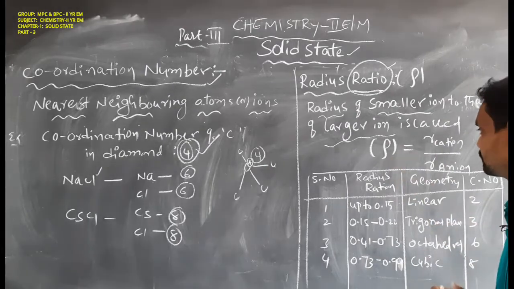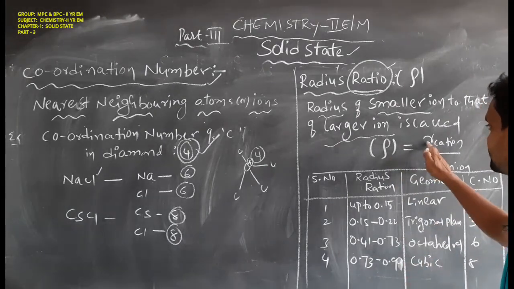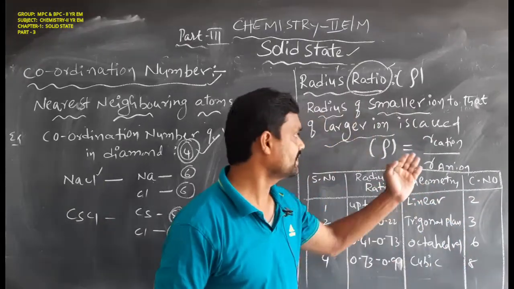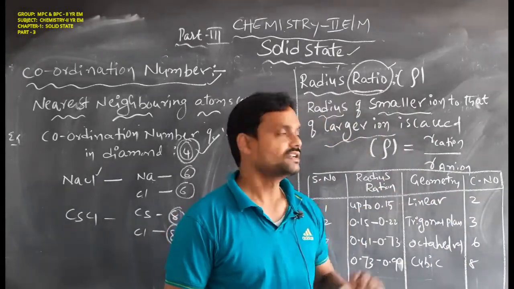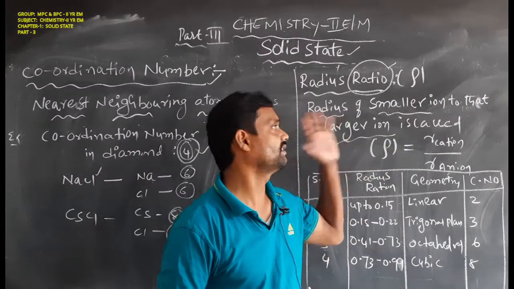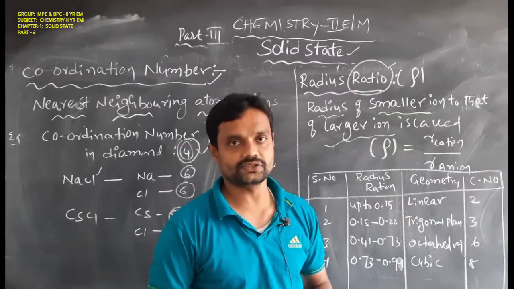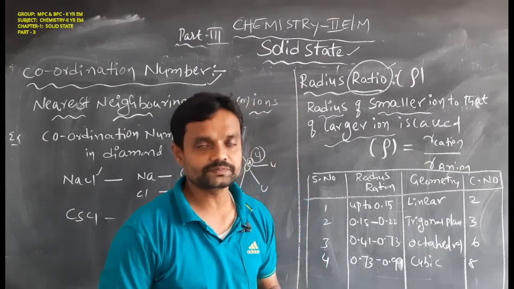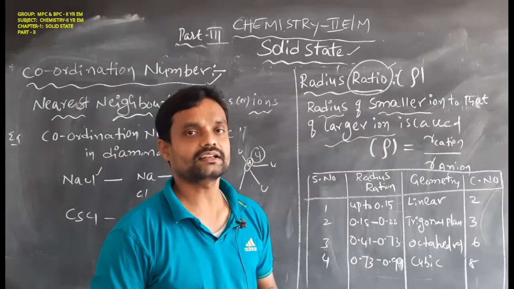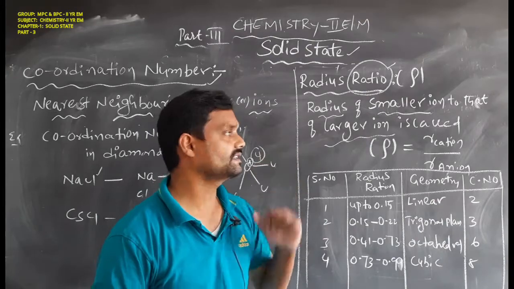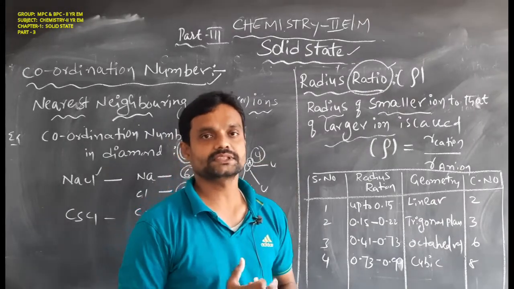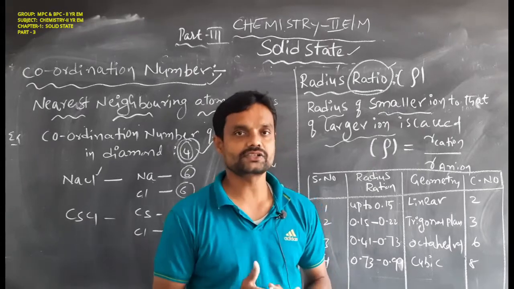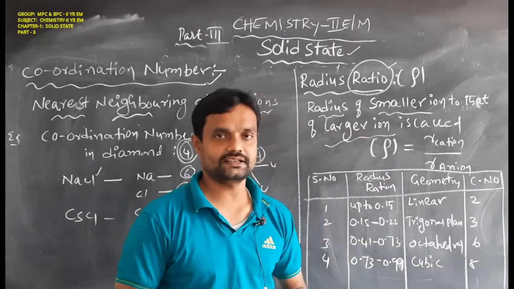So the radius ratio rho is equal to the radius of the cation divided by the radius of the anion. Radius ratio means the ratio of the smaller ion's radius to the larger ion's radius.